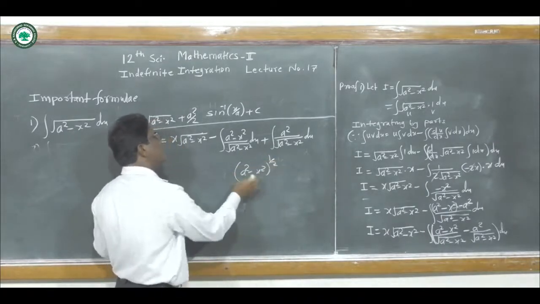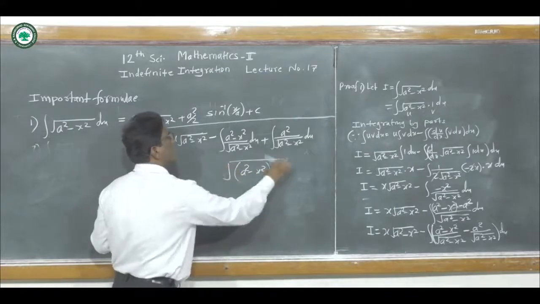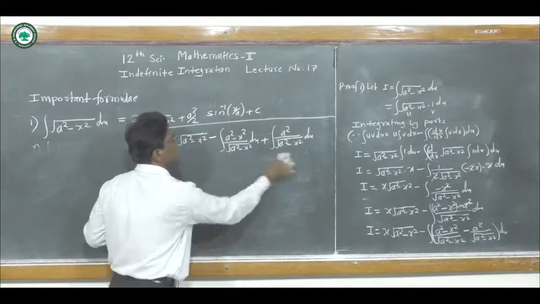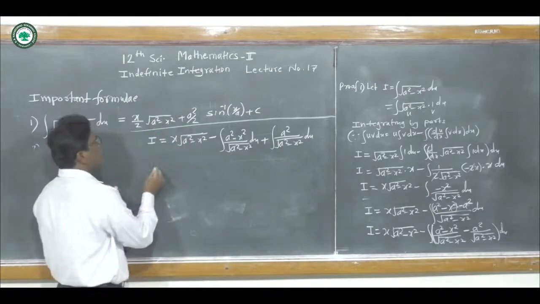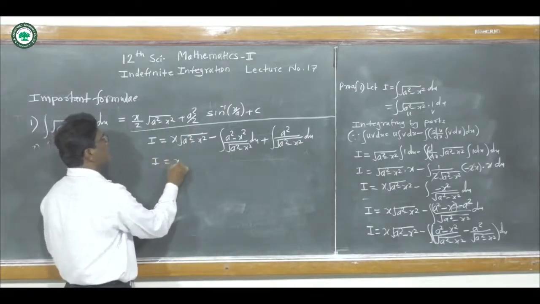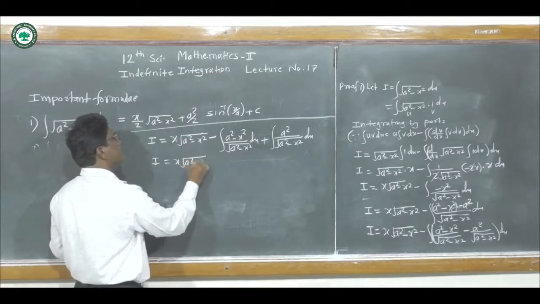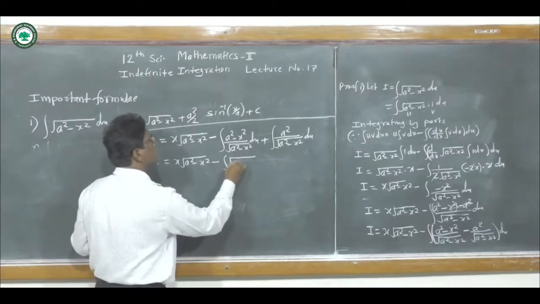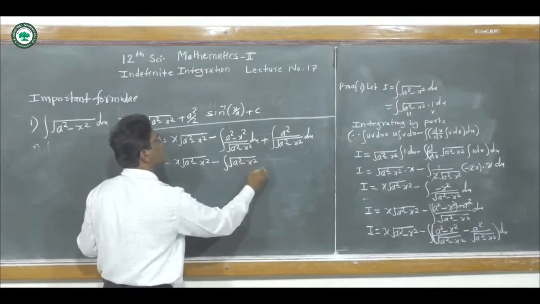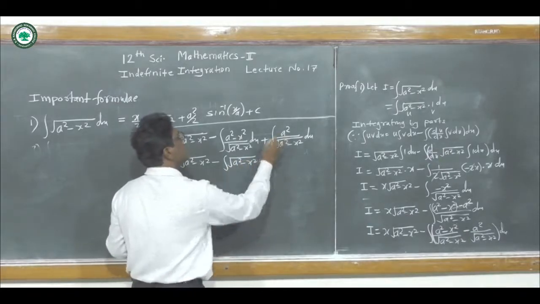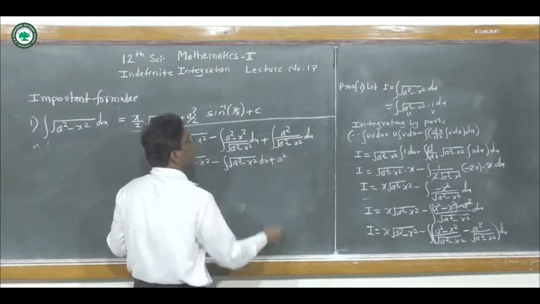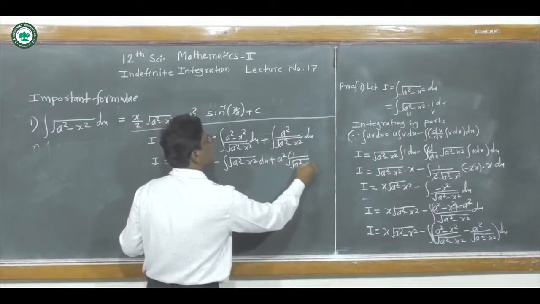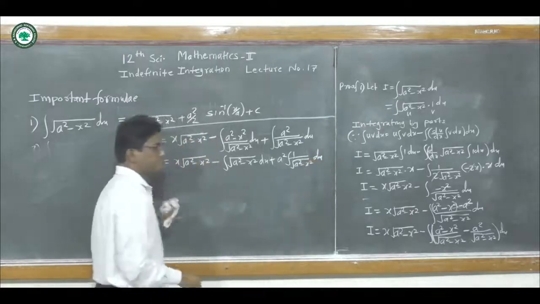Get it? And 1 half is nothing but root of a square minus x square. So the solution of this is, I is equal to x into under root of a square minus x square minus integration of root of a square minus x square dx plus this constant a square into integration of 1 upon under root of a square minus x square dx.